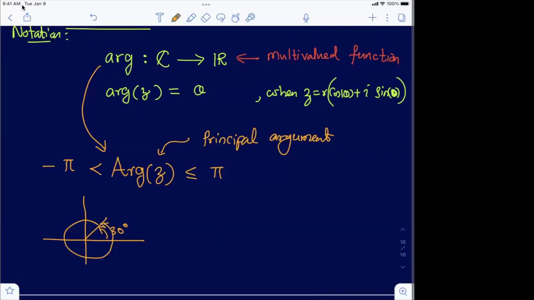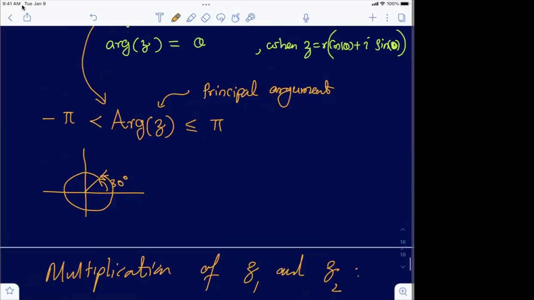But once you consider 360 plus 30, it's not sitting in this domain anymore, because this is negative 180, this is positive 180. That's exactly why we consider only one value here, just the 30-degree angle, or in other words, pi over 6 in radians. So when we need to identify the polar angle of the complex number uniquely, we will consider the principal argument.